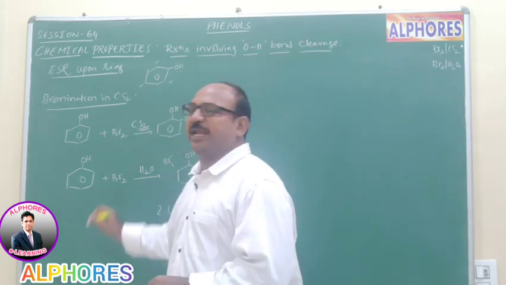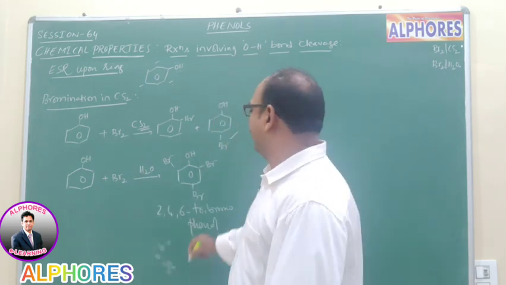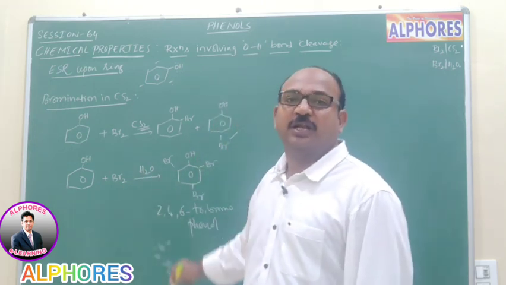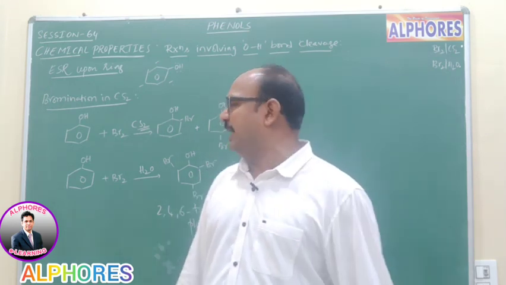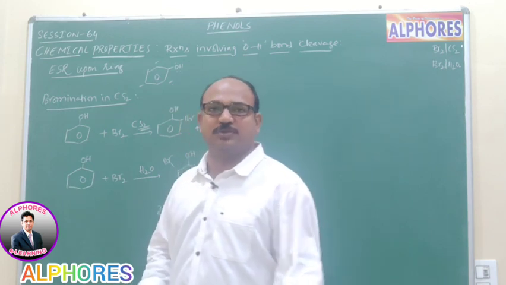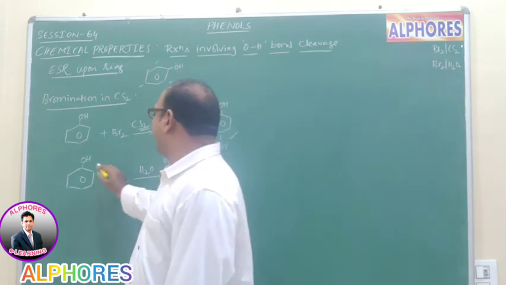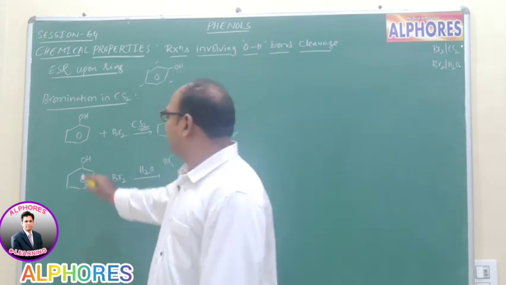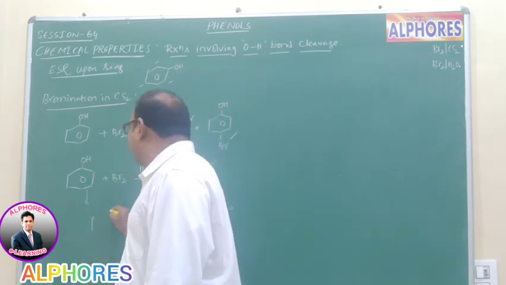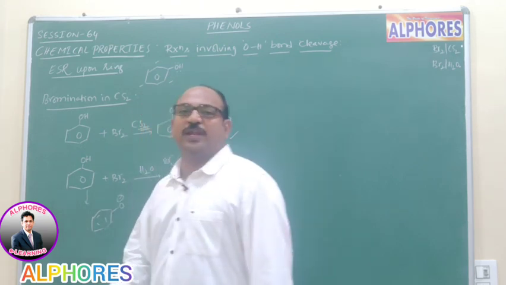Whereas the same bromination in the presence of polar solvents gives 2,4,6-tribromophenol. In carbon disulfide, the phenolic OH group still exists as phenol, the OH group only. In polar solvents, this phenol polarizes and converts into phenoxide ion.